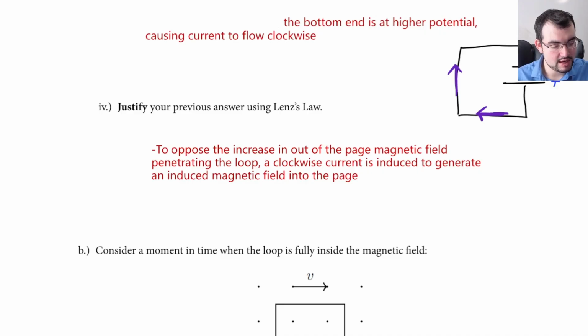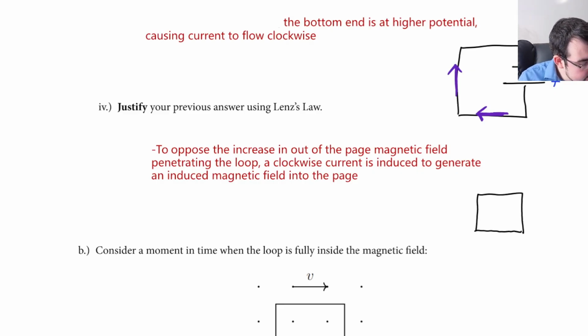To oppose the increase in out of the page magnetic field, a clockwise current is induced to generate an into the page B field. Because if we draw a current that goes clockwise, that generates a B field at the center of the loop that would be into the page, trying to cancel the circles.